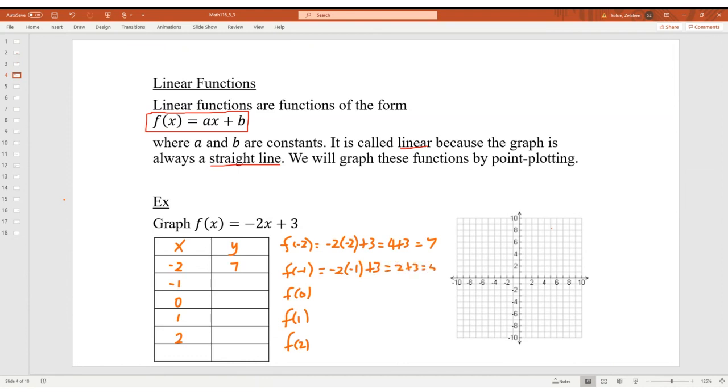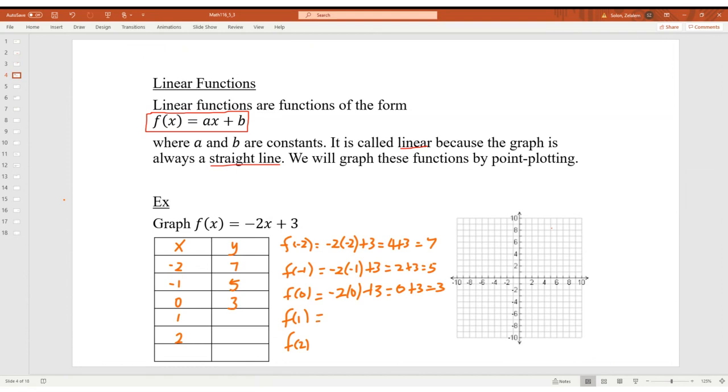So the number is decreasing by 2, you can clearly see, from 7 to 5. At 0, you have -2 times 0 plus 3. -2 times 0 is 0, plus 3 equals 3. So we have 5 here, we have 3 here. The next one is f of 1.